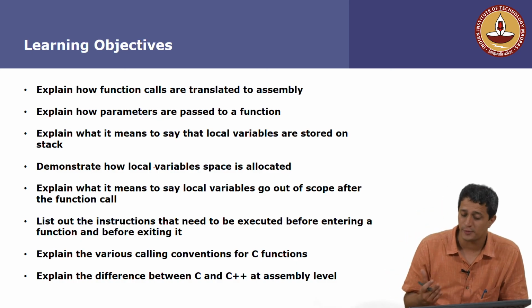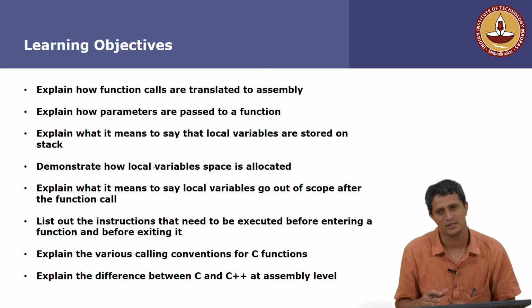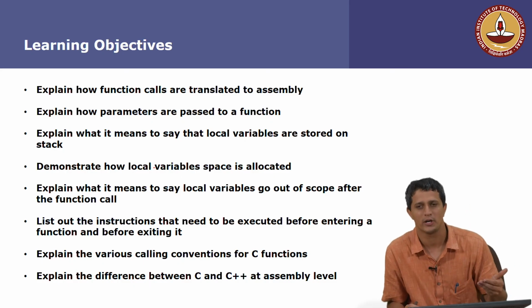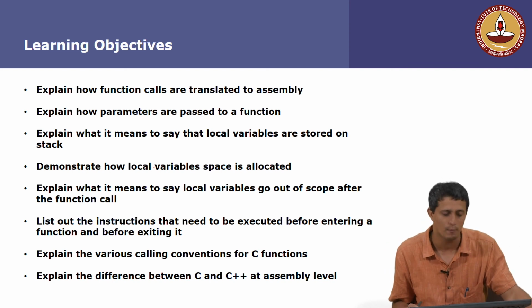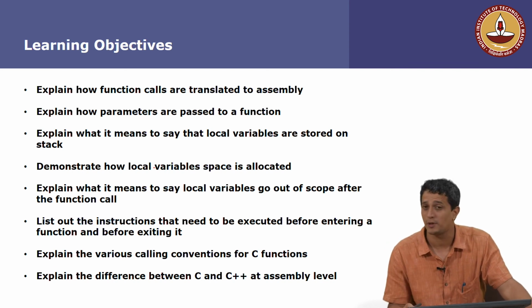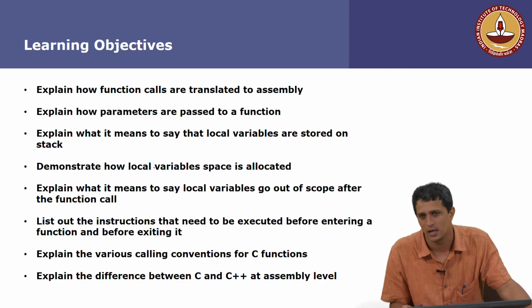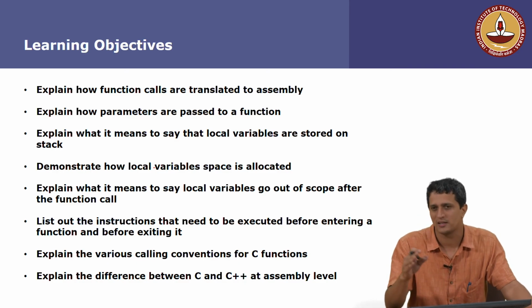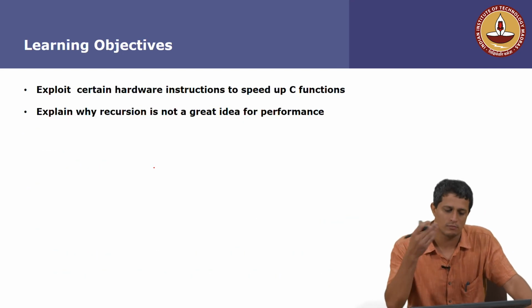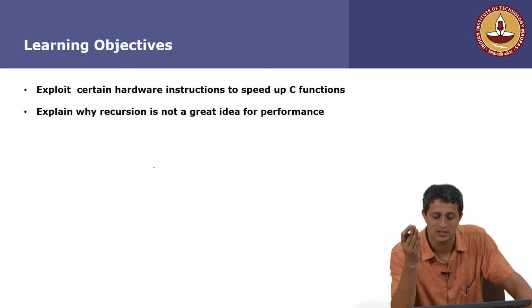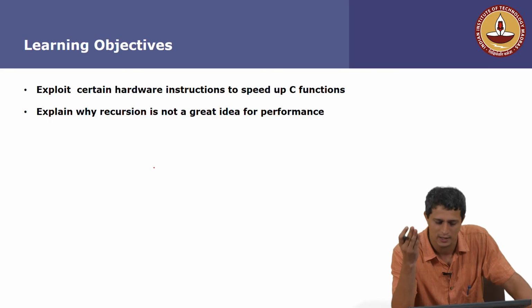Then the difference between C and C++: in C++ you have to pass the this pointer through the ECX register. So this is another important difference between C and C++ at assembly level. At the programming level there are lots of syntactical differences, but at assembly level this is the only difference. And then we wanted to look at exploiting certain hardware instructions to speed up C functions like memcopy, string length and so on.